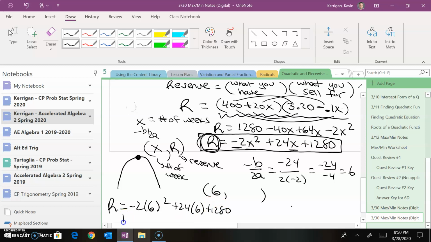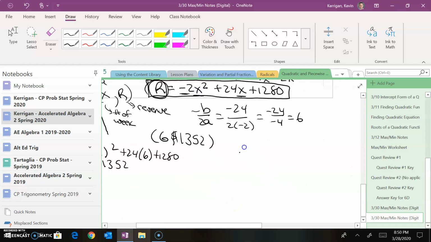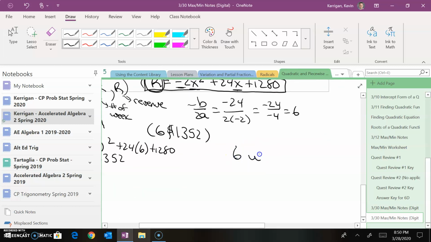Which would give us this, which when all said and done, would be $1,352 as her total revenue. So to answer the question, she should wait 6 weeks, and the total revenue at that time would be $1,352.